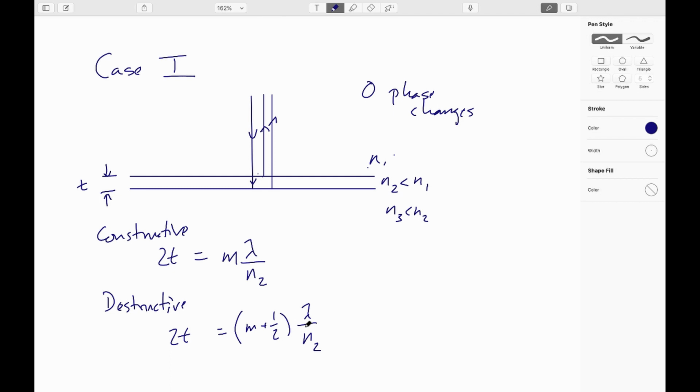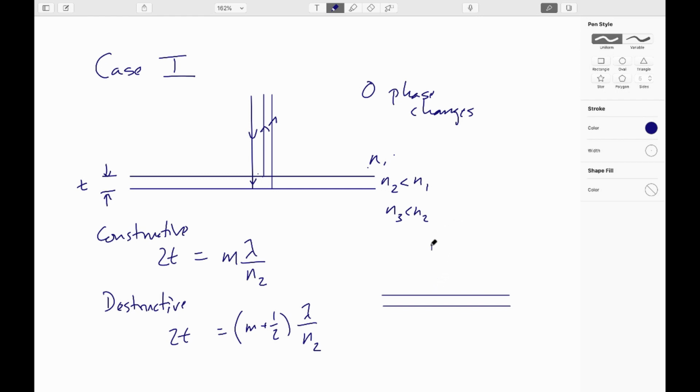Okay. It also turns out that case 1 works out if there are 2 phase changes. So for instance here, let's say you have a thin film of water on glass. We'll show an example of this in a moment.